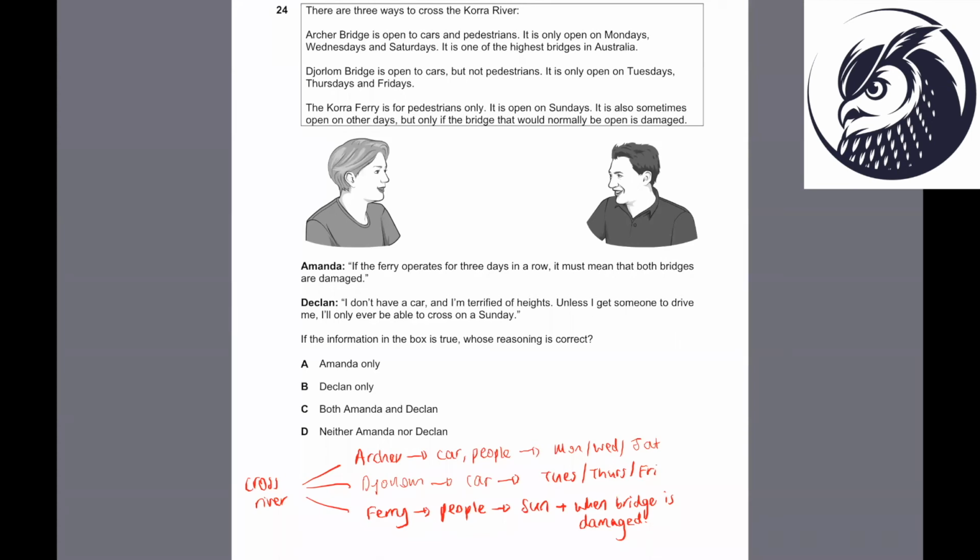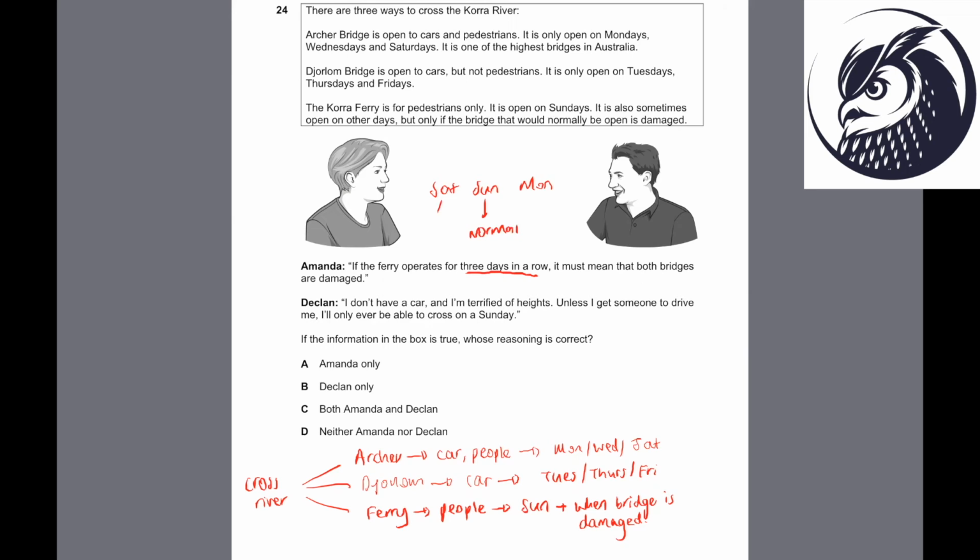Let's say the ferry was open for 3 days in a row, right? So let's say it was open on Saturday, Sunday, and Monday. We already know the ferry is normally open on Sunday. So I'm going to write here normal, because normally it's already open.